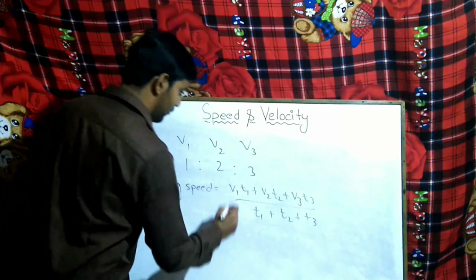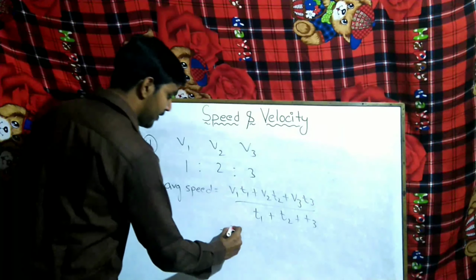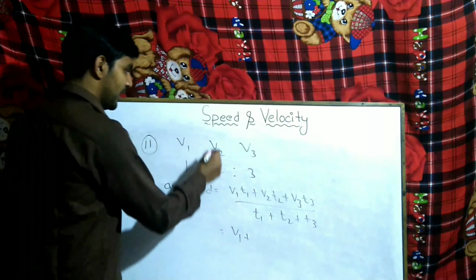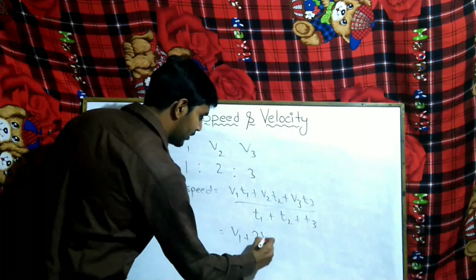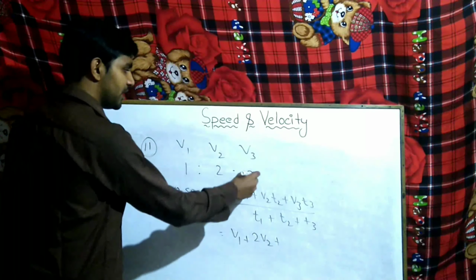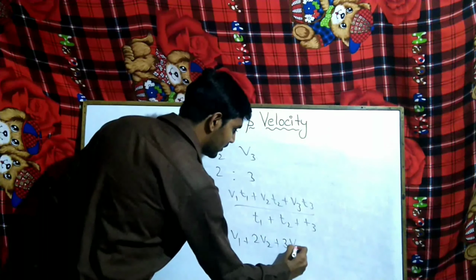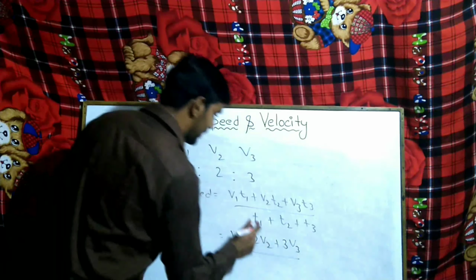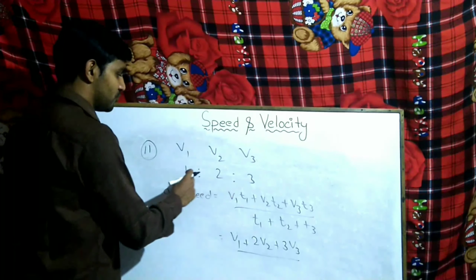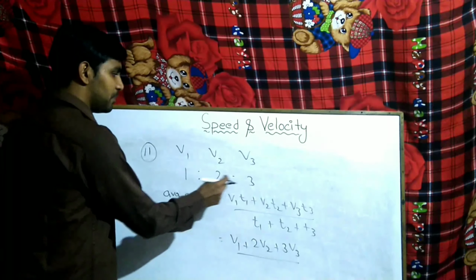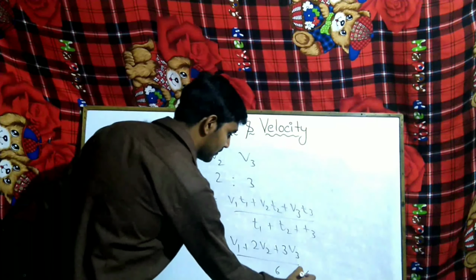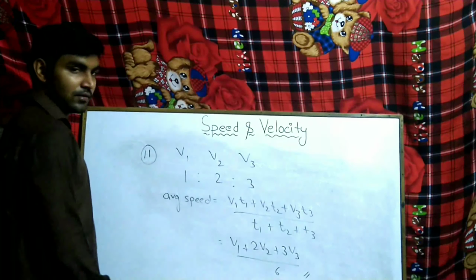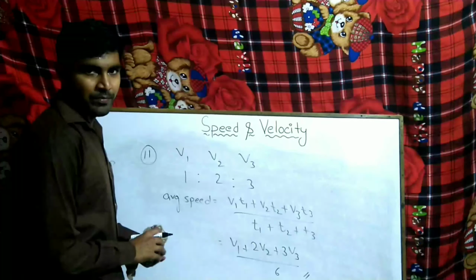So now here V1 how much? V1 into 1, V1, plus V2 into 2, 2V2, plus V3 into 3, 3V3, by T1 plus T2 plus T3. So 1 plus 2, 3. 3 plus 3, 6. Okay, this is all about the 11th problem.